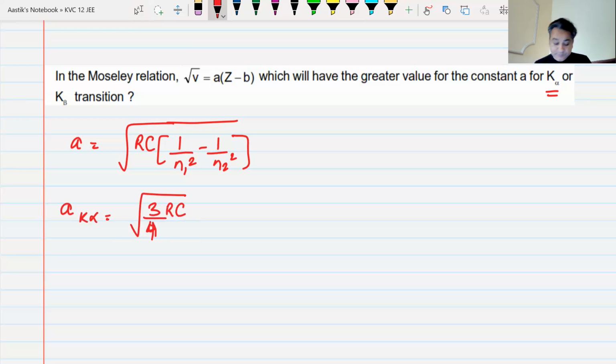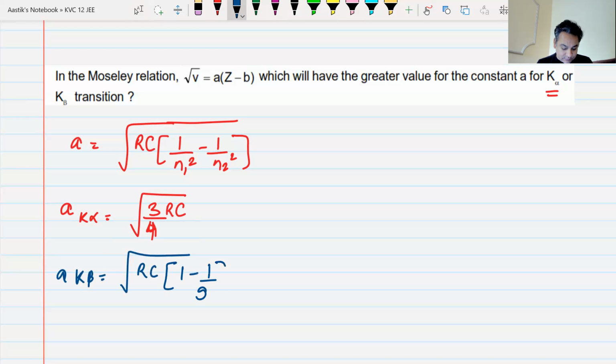Sir, you can find out the value of A for K beta series. Root over RC, 1 minus 1 by 9. Root over 8 by 9 RC. Which is more?